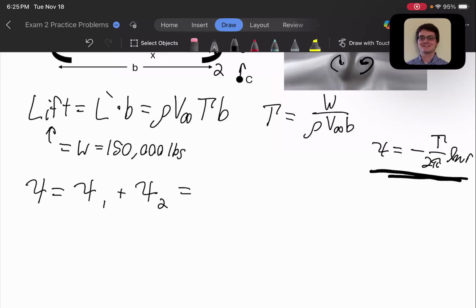Yeah, you have to basically take this relation and shift it so that you have two vortices at the wingtips, right? Because this r is assuming you're at the origin. So this is where it's easier to jump to Cartesian coordinates. We do this with r equals the square root of (x minus a) squared plus (y minus b) squared.